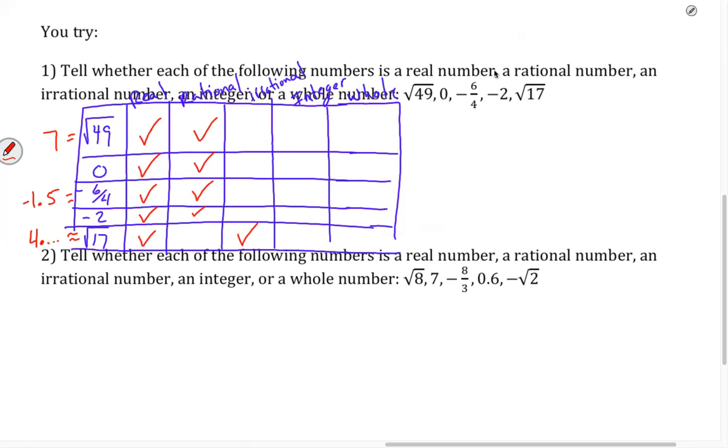Now, an integer, 7's an integer, 0's an integer, negative 6/4 is not an integer, it's a fraction, so I can't check off that box. And negative 2 is an integer. The square root of 17 is not because it's a decimal. Whole numbers. Well, 7's a whole number and 0's a whole number.